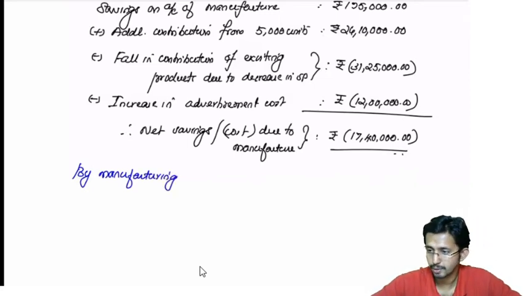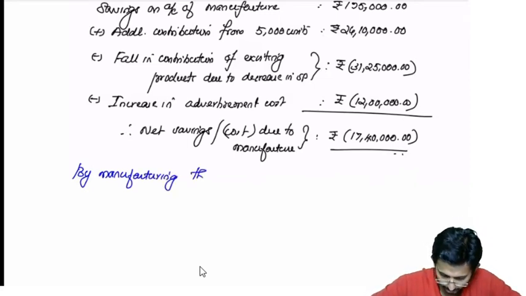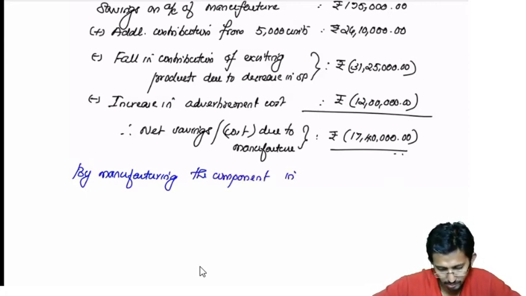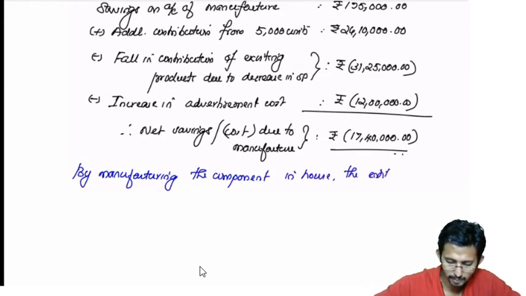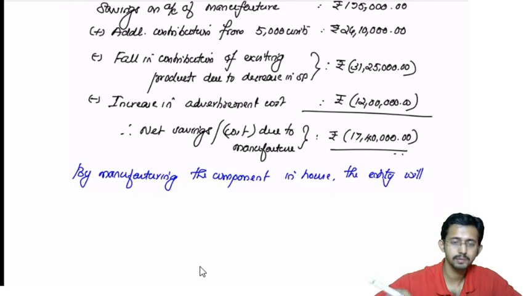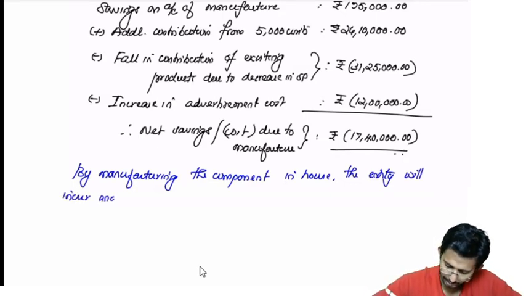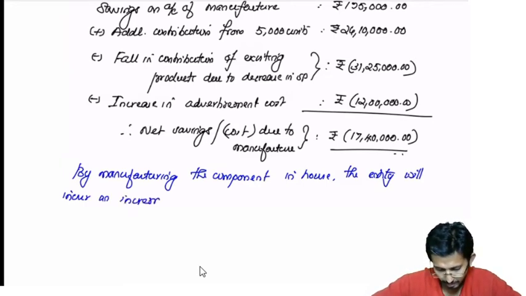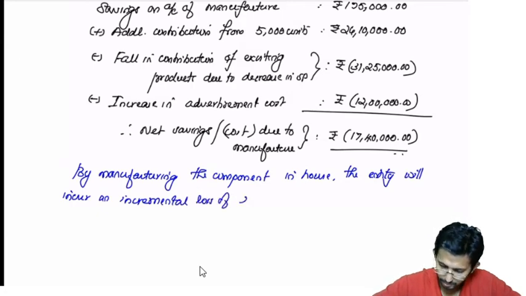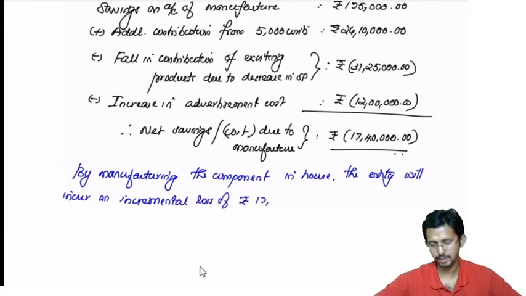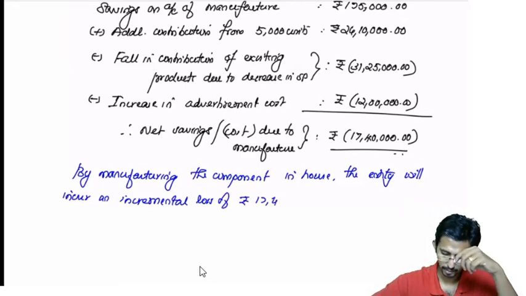Okay, so what does it mean? By manufacturing the component in-house, the entity will incur an incremental loss of rupees 17 lakh 40,000.